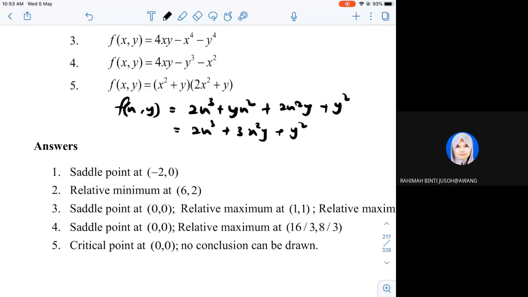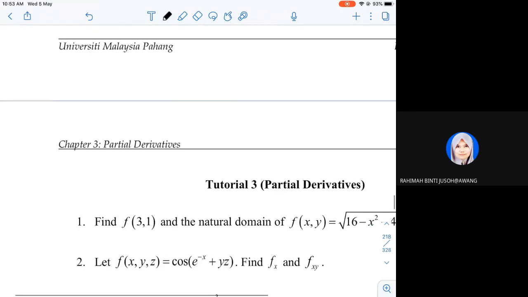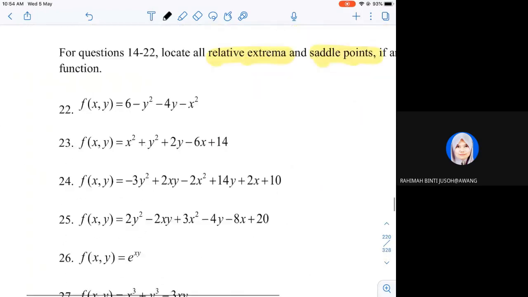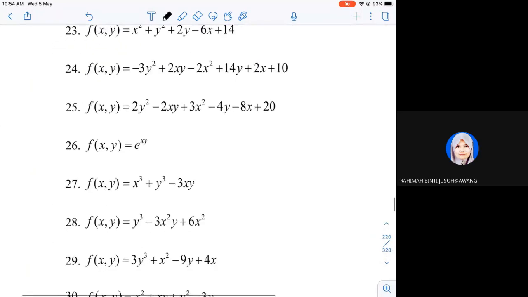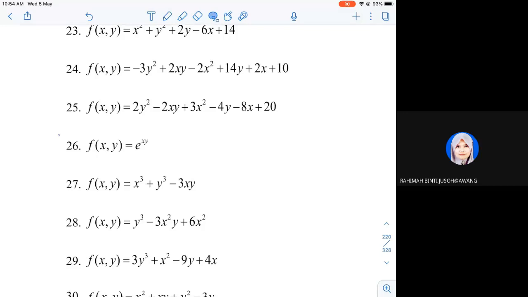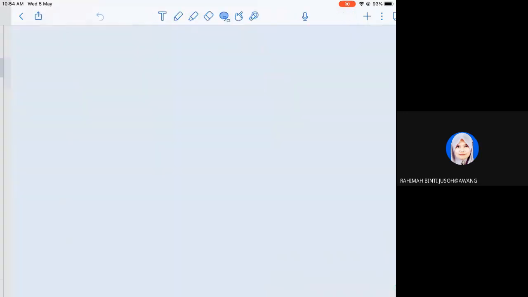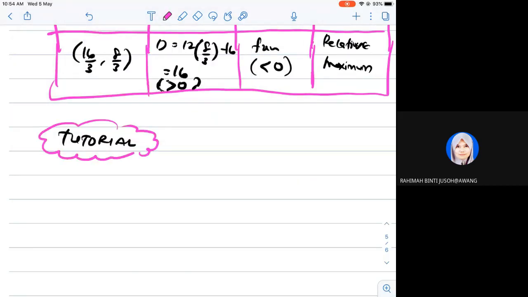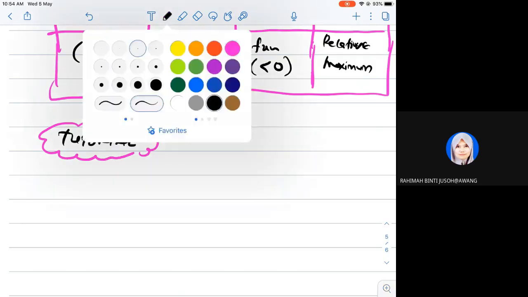Okay, now kita go to tutorial. Tutorial kadang menarik juga soalan dia. Sekejap saya tengok. Okay, jom kita buat nombor 26 ni. Question 26. Exponential function.